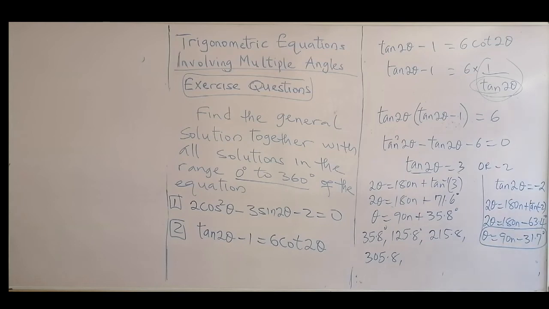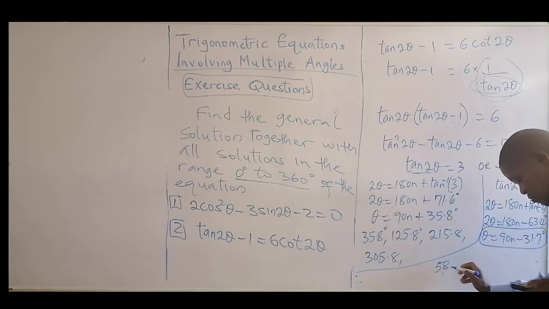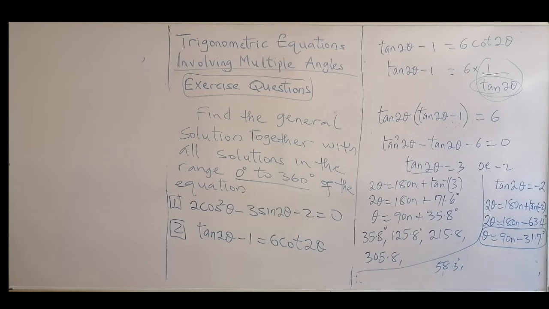So let's get the list of solutions for that. When n is 0, we have a negative value, which is outside the range. N is 1, we have 90 minus 31.7, that's 58.3. N is 2, we have 180 minus 31.7, that's 148.3.